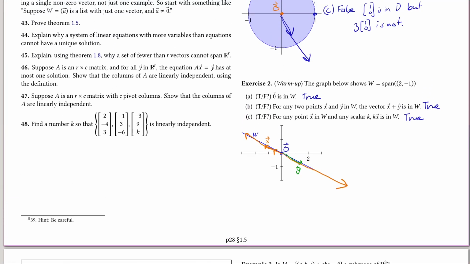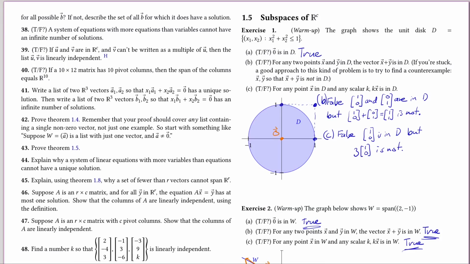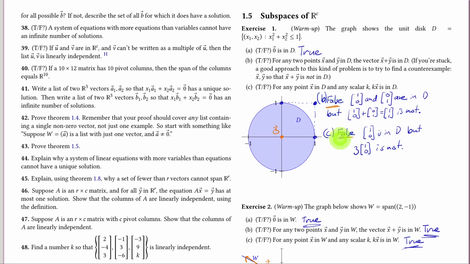We have this example here in exercise 2, the warm-up. This set was a span, and it satisfied the definition of a subspace. So this subspace was a span, sure. Here is a subset that is not a subspace of R2 because 2 of the conditions were false.